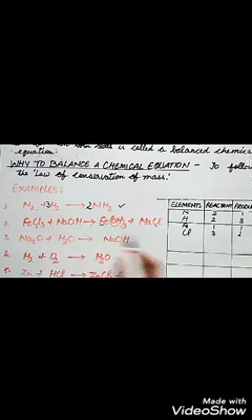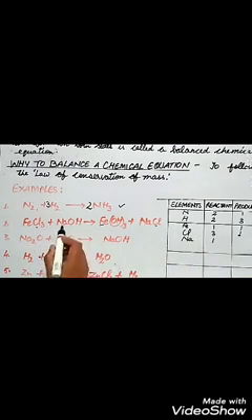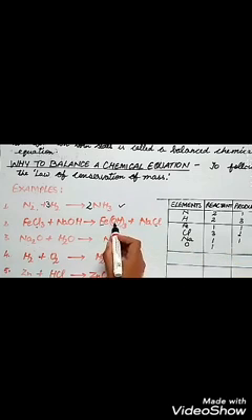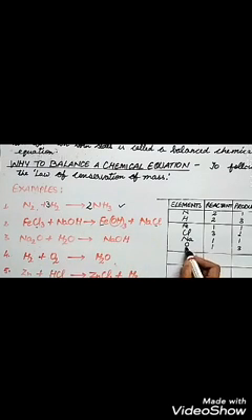Then sodium, on the reactant side you have 1 sodium, and on the product side also 1 sodium. Oxygen, on the reactant side 1 oxygen, on the product side we have 3 oxygen because it is OH whole thrice. Hydrogen, on the reactant side we have 1, and on the product side we have 3.